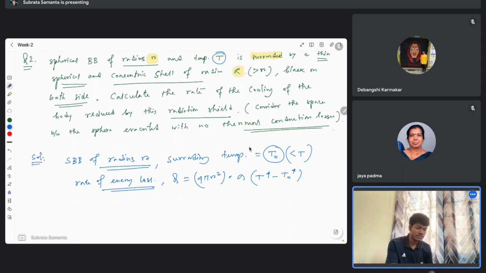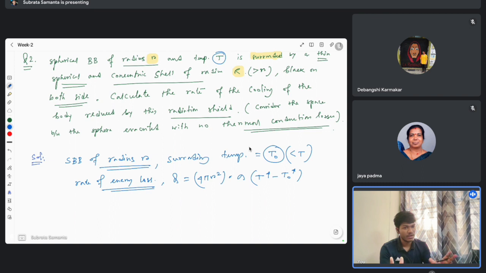The rate of energy loss is 4 pi r squared, the surface area, times sigma times the difference of fourth powers.